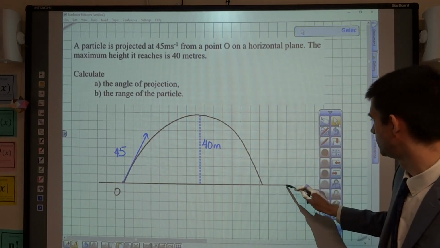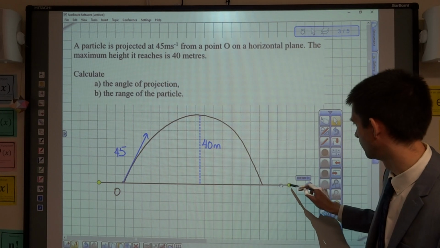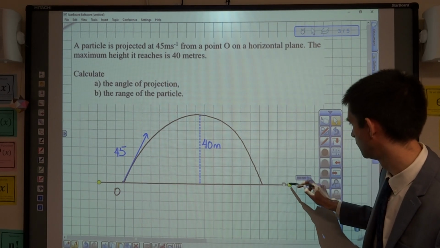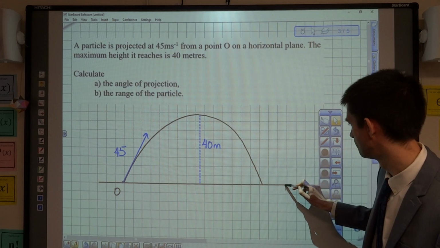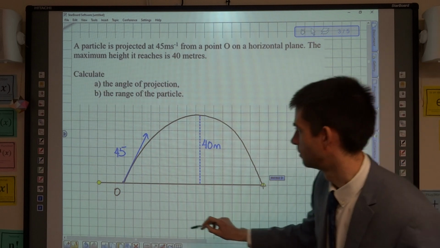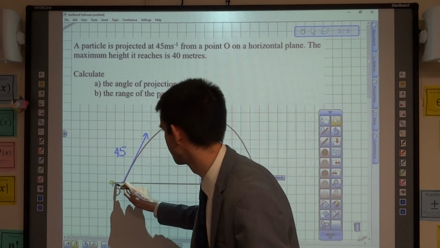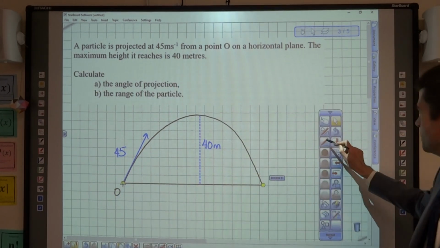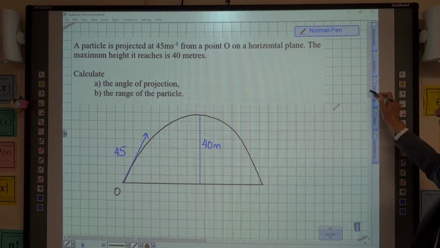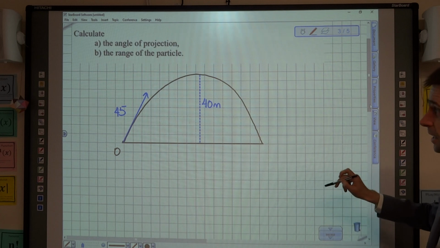And just so we don't get confused with what's going on here, I'm just going to make that line start and finish at the end of the diagram, just so it makes more sense. Right, okay, so we've been given projection at an angle.